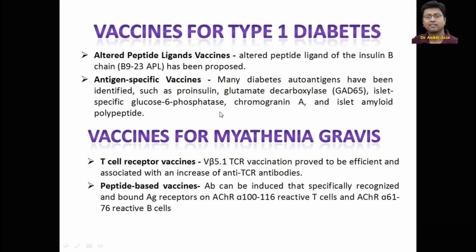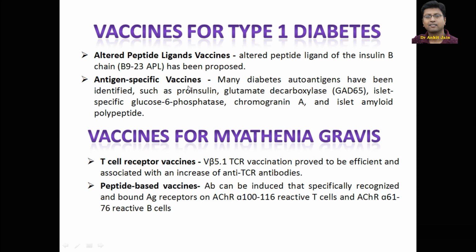Now next is the vaccines for type 1 diabetes. In type 1 disease, the main antigen is the insulin B chain antigen, and in that particular chain we have to alter the amino acid sequence from B9 to 23, that is the altered peptide ligand, and antigen specific vaccine.